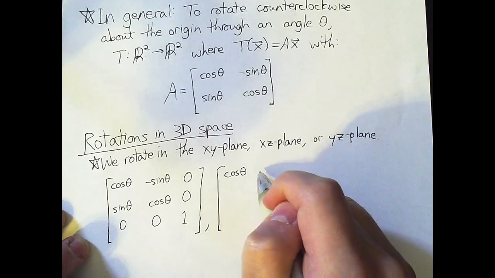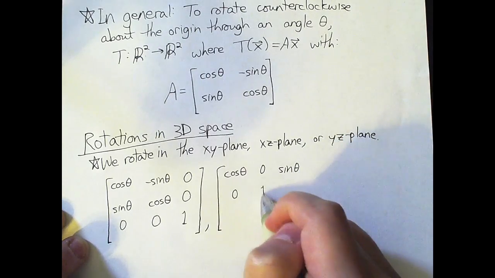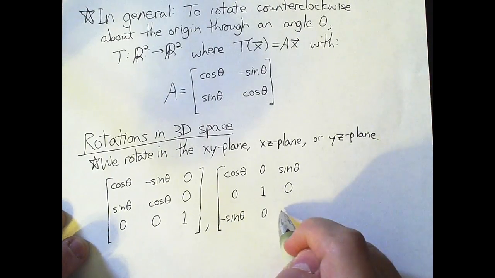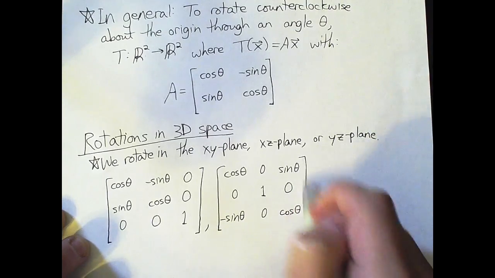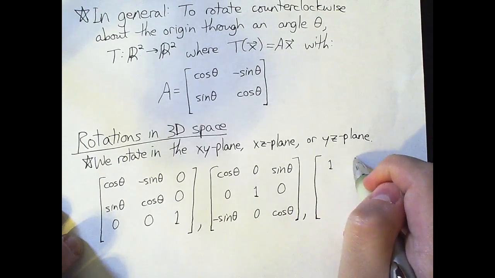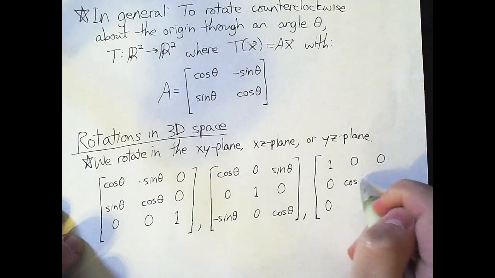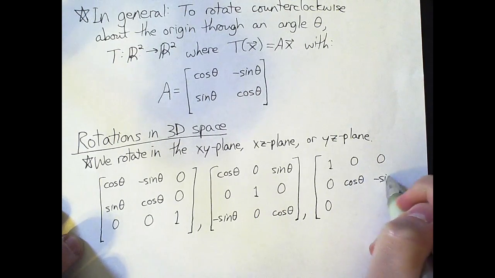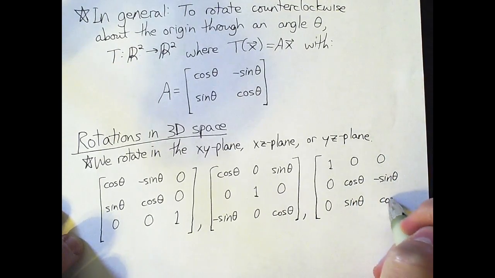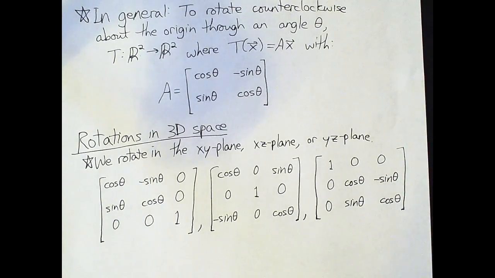Over here, cosine, 0, sine, 0, 1, 0, negative sine, 0, cosine. You could verify these by thinking about what it does to the basis elements. But I'm just saying it's similar strategy to what we did above, so I'm not showing every detail. All right, those are the standard matrices for rotations in three-dimensional space.